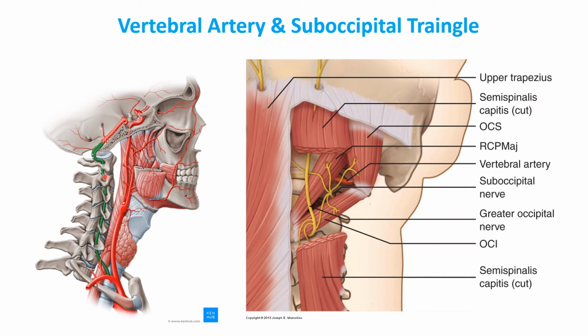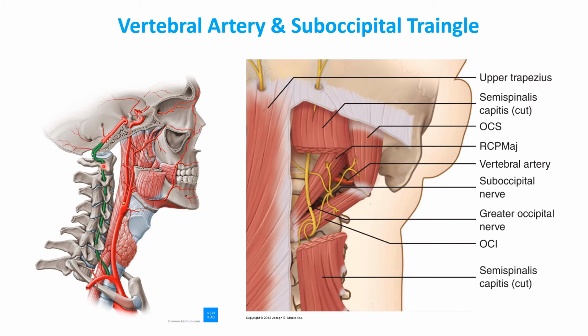Now from C2 to C1, this is behind the atlantoaxial joint, where the rotatory movements of head and neck are taking place. So in order to accommodate these movements, this artery now loops backward so that the atlantoaxial joint can move freely, and then it exits out at the atlas. Now this entire part was the second part.